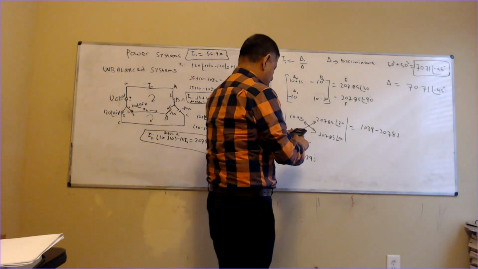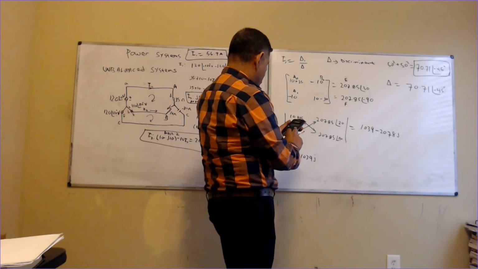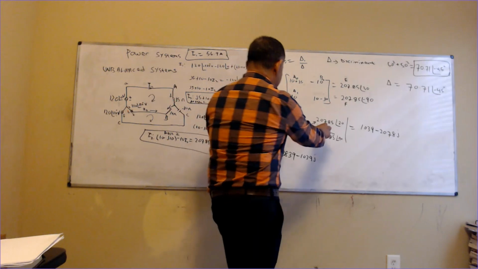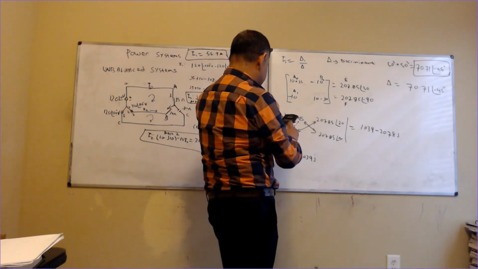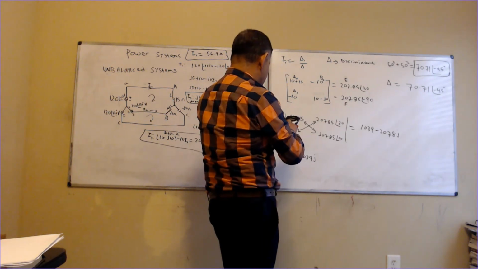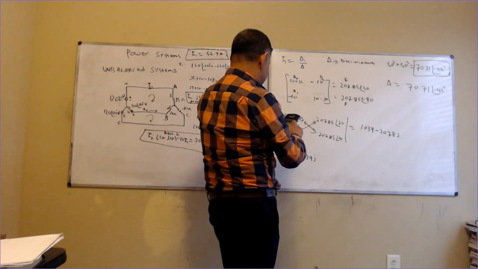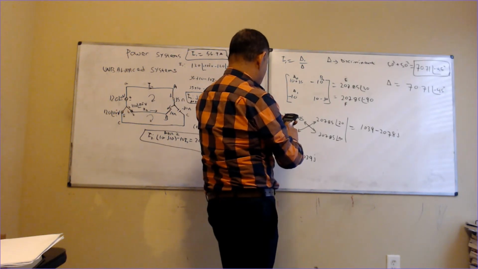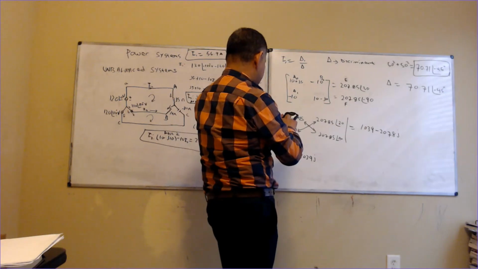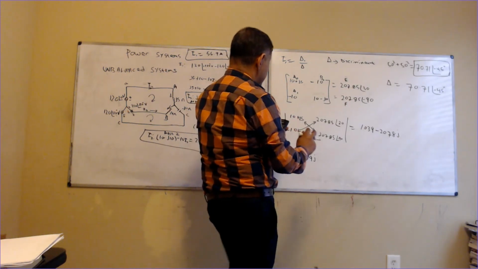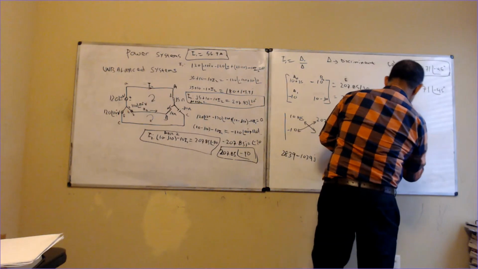Right here, when I do negative 10 and then multiply that times this, which is 207.85 at an angle of 30 degrees, this part right here, I want to make sure you guys understand this.